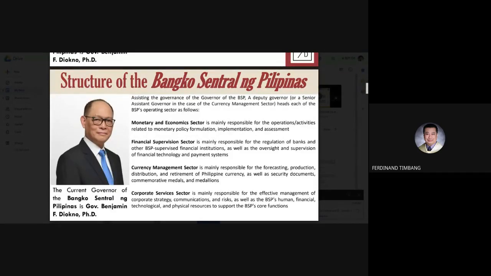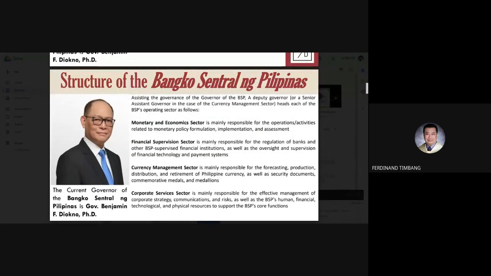By the way, when we say retirement, baka hindi nyo lang alam yung retirement. Isipin nyo, nagre-retire din pala yung Philippine currency. Kasi all the bills and coins natin, these are all owned by BSP. And actually, that is a liability on the part of the BSP.